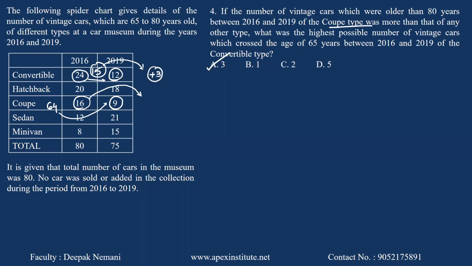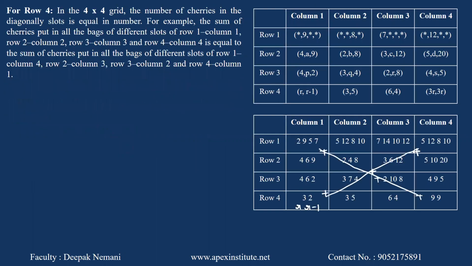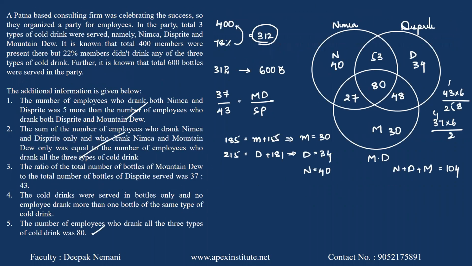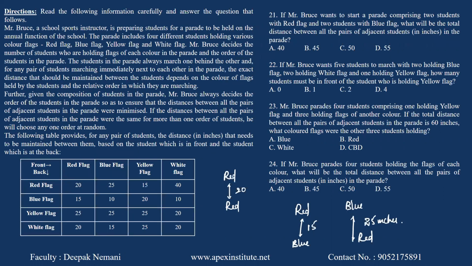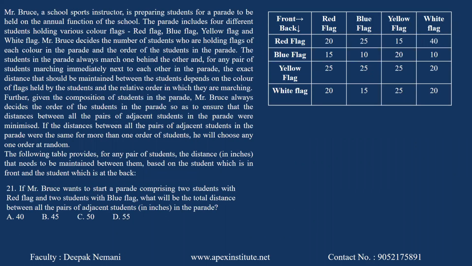Okay, so you can solve all these questions once you do not consider this statement. And coming to the last set of this paper. Okay, so these are independent questions.